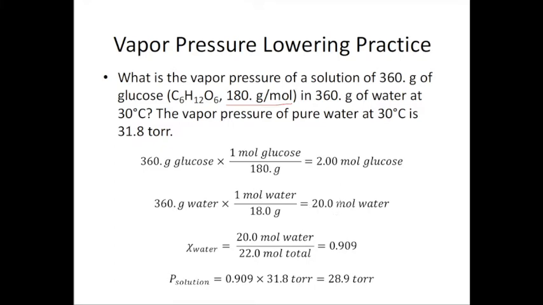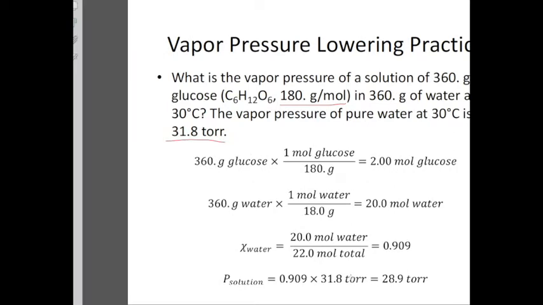That's 20 moles of water. Because glucose doesn't dissociate, we just have the 2 moles of glucose and we don't have to think about additional moles because of dissociation. So our mole fraction of water is going to be 0.909, and the vapor pressure above the solution will be 28.9 torr. Notice the vapor pressure above the solution is lower than the vapor pressure of the pure solvent. That is the phenomenon of vapor pressure lowering.